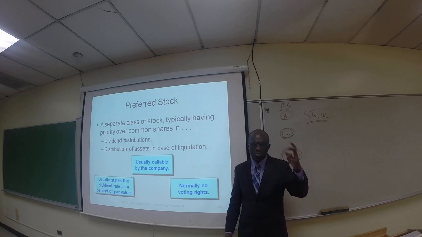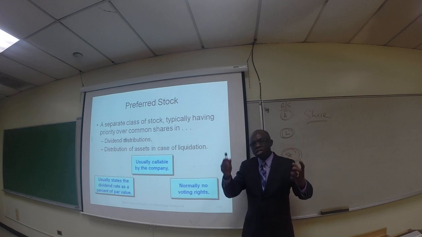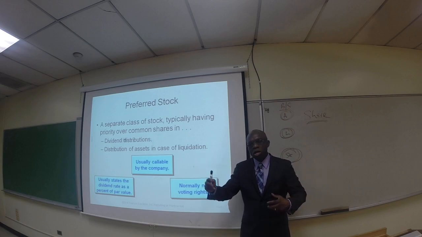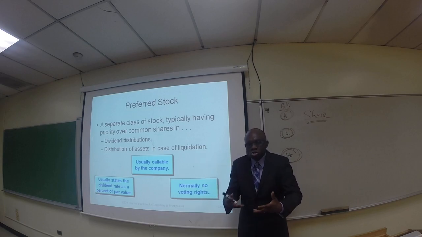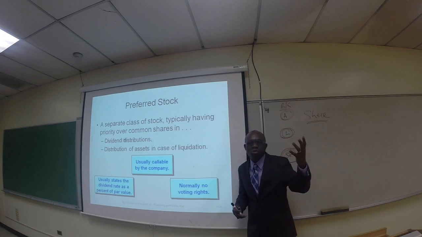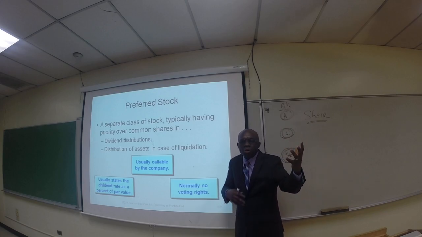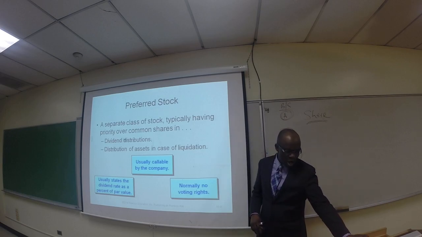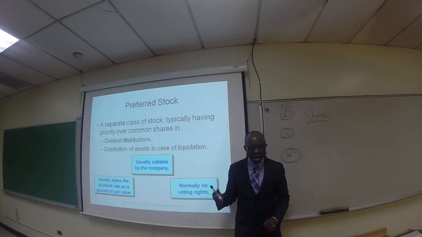We call it preferred stock. What is the difference? A preferred stock has some preferences over common stock. Hence the name preferred stock. In other words, if you decided to buy preferred stock, as a preferred stockholder, you have some preferences over common stockholders. And let's take a look at some of the preferences.